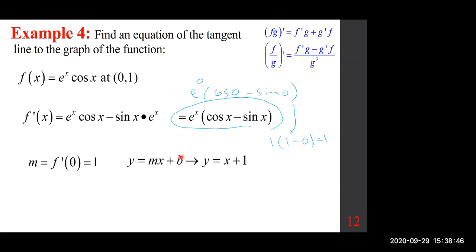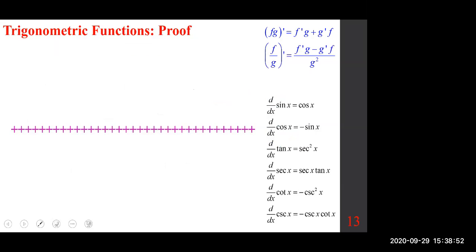Let's look at the next example. We are going to look at y equals tan x. We said the derivative of tan is secant squared, right, class? Let's prove that.